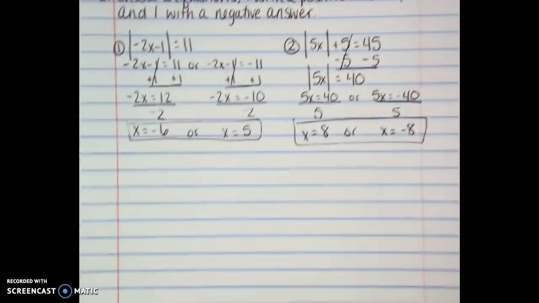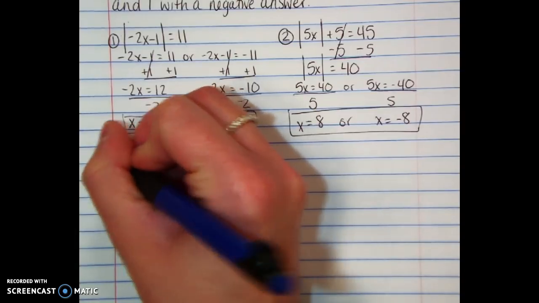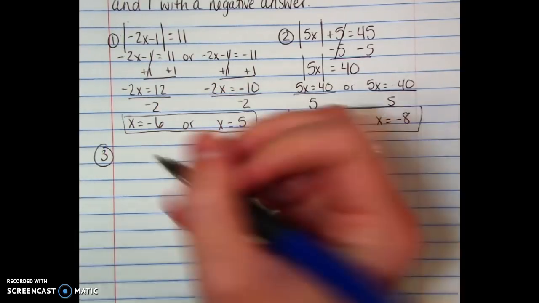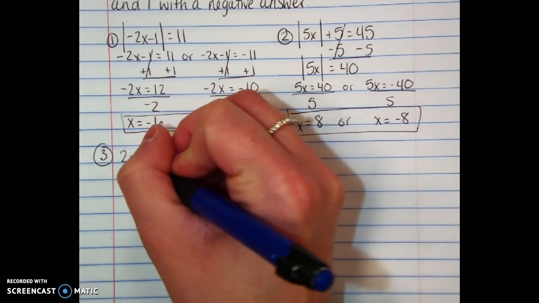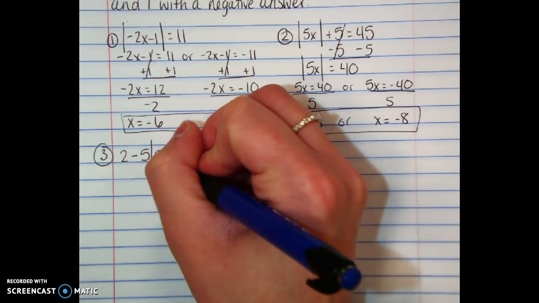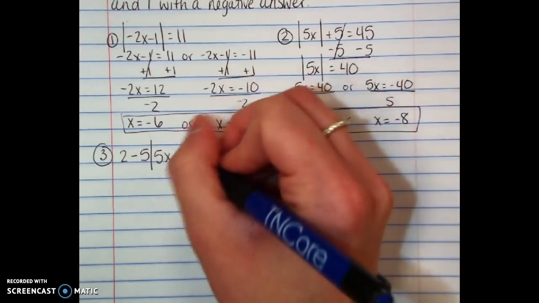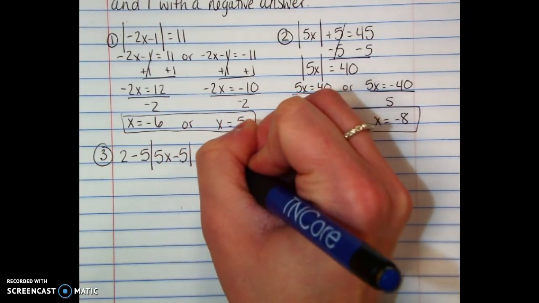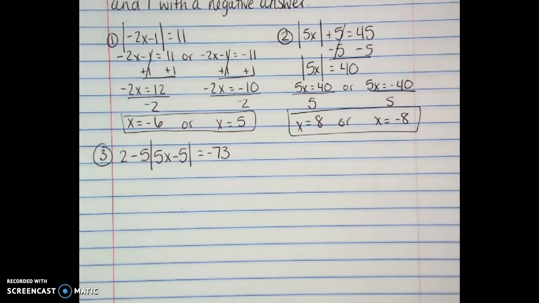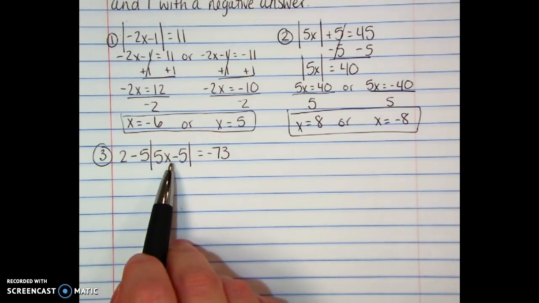Okay, 2 more. These get a little bit more difficult. So number 3 is 2 minus 5 times the absolute value of 5x minus 5 equals negative 73. Okay, now in this, you kind of treat the absolute value like parentheses, where this is really negative 5 times this stuff.